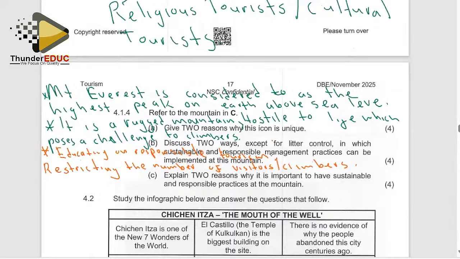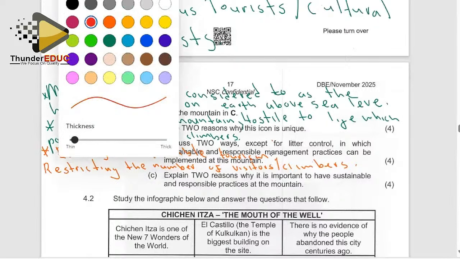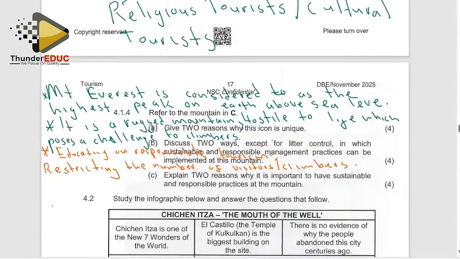Then explain two reasons why it is important to have sustainable and responsible practices at the mountain. All right, the first thing, it is important to preserve the heritage characteristics of the mountain.